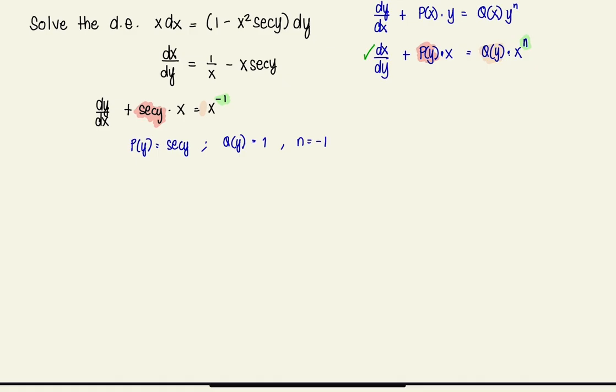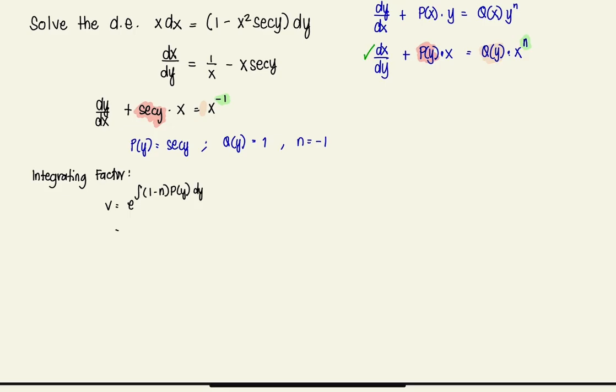After determining those three, we can now solve for the integrating factor. The integrating factor v is equal to e to the power of the integral of 1 minus n p of y dy.